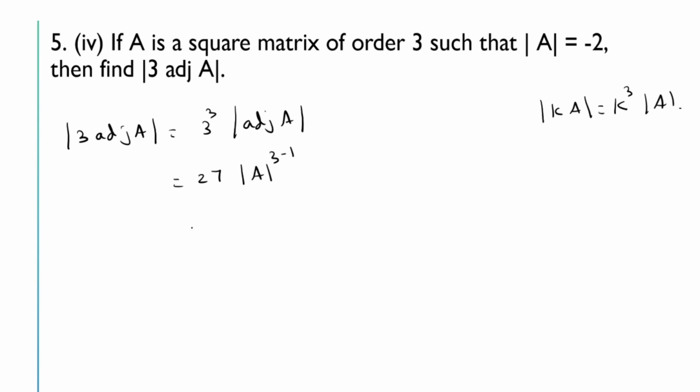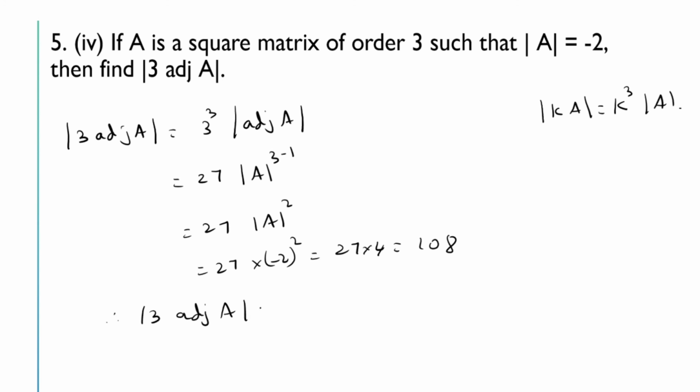So this is equal to 27 into determinant of A square, or 27 into minus 2 the whole square. So 27 into 4, it is 108. So determinant of 3 into adjoint of A is equal to 108.